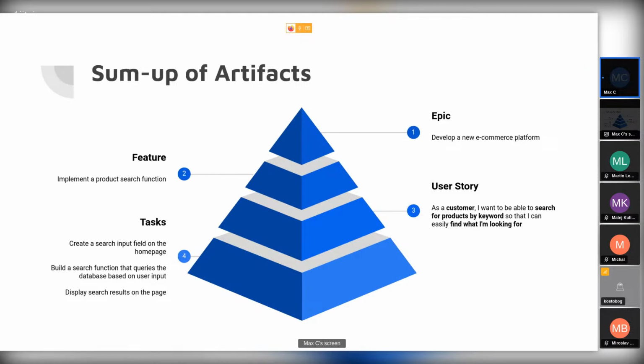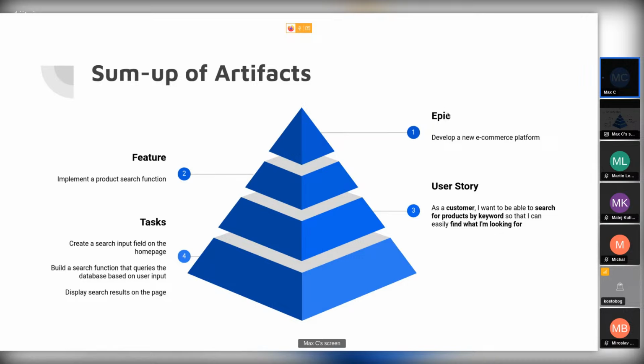There would be many. One of them could be implement a product search function. That's the feature. And then to this feature, we will add a user story, or it can be many user stories. In this case, the user story would be, as a customer, I want to be able to search for products by keyword, so that I can easily find what I'm looking for.